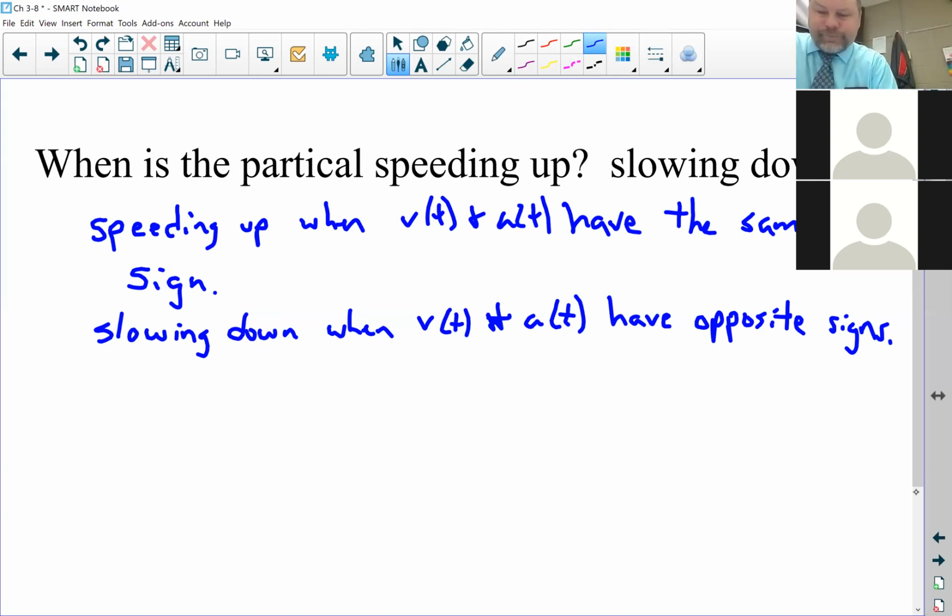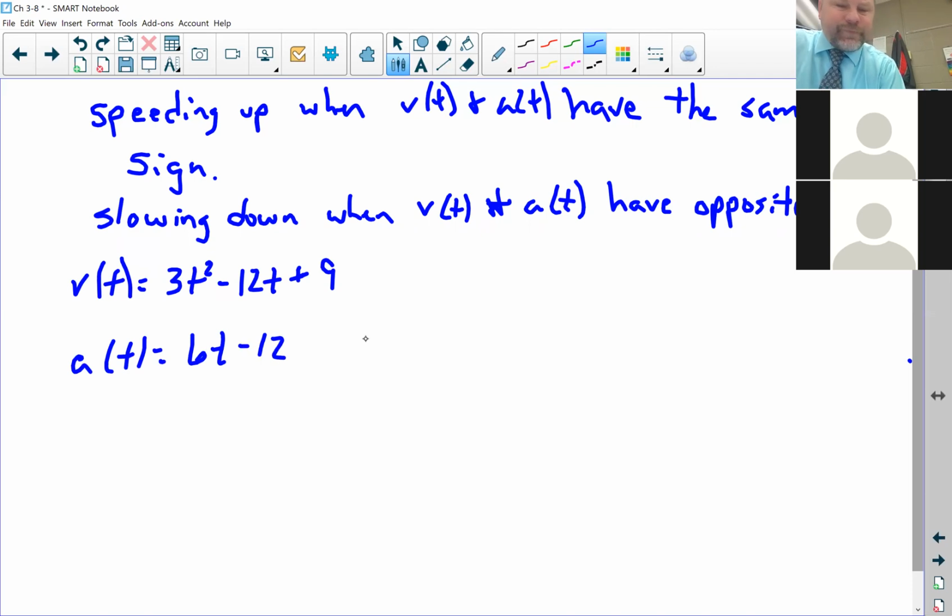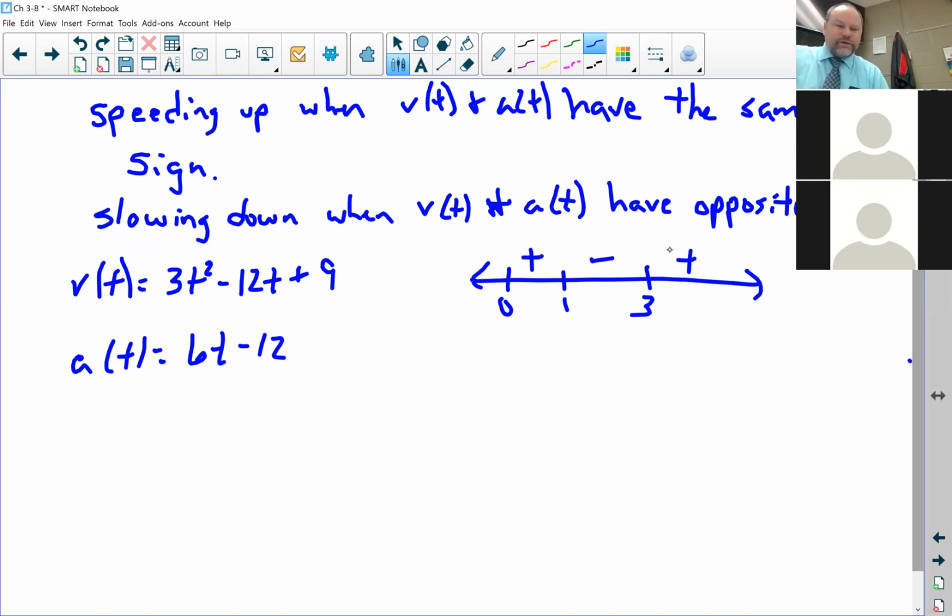So we know what our velocity function is. We just found our acceleration function. And we actually know the signs for velocity like that.